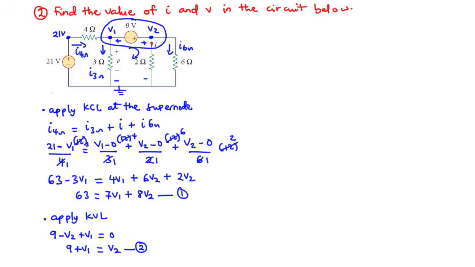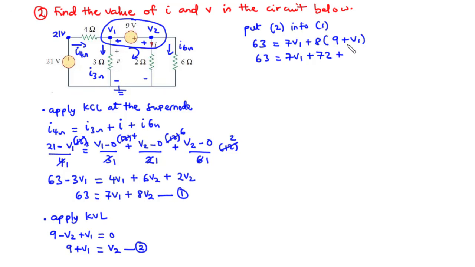Now the next thing we are going to do is to put equation 2 into equation 1. So for equation 1 we have 63 equals 7V1 plus 8 times V2, which is 9 plus V1. So we expand the equation, and then we have 63 equals 7V1 plus 8 times 9 is 72 plus 8 times V1 is 8V1. So we add 7 and then 8, and then we have 15.